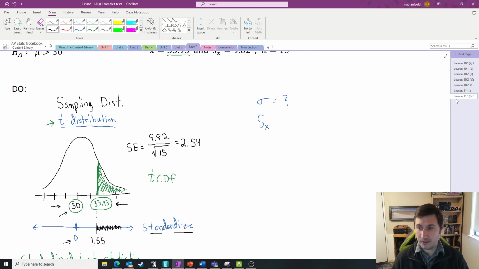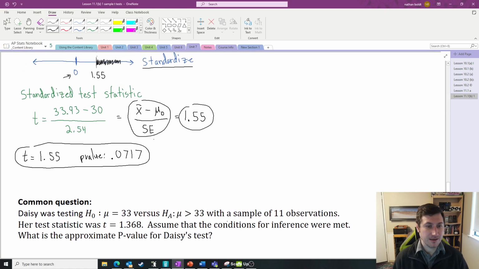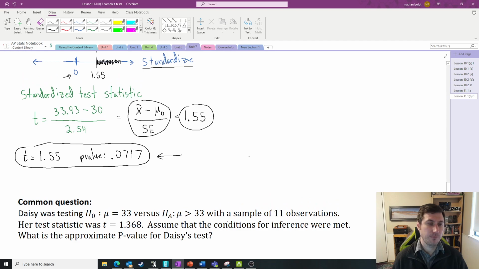Exactly what we have here. So that's what's happening in the background, okay? Do you need to do this? Oftentimes, no, because you're just going to let the calculator do it for you. But it is important to know some of the math that's happening in the background, especially if you see some things about the standardized test statistic, so you know where that comes from.